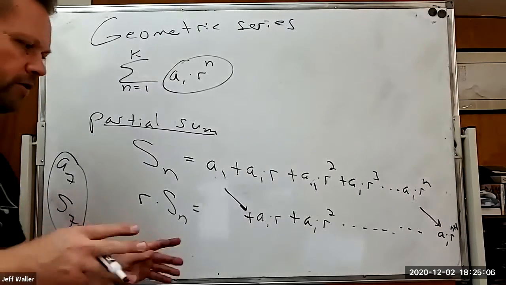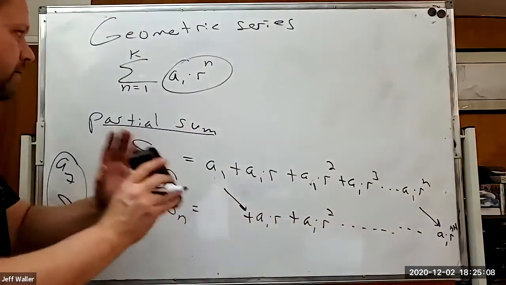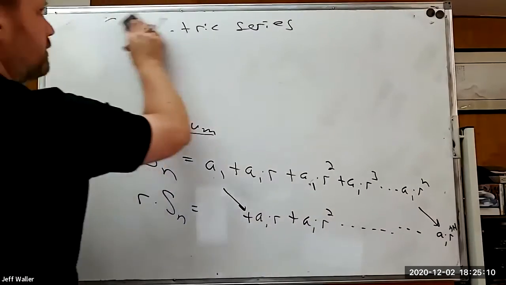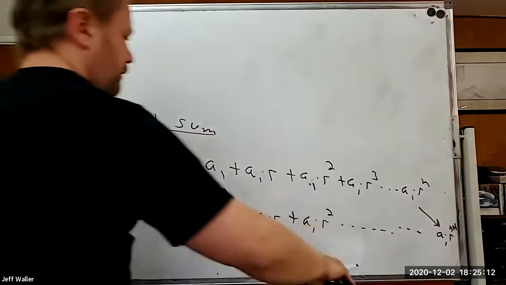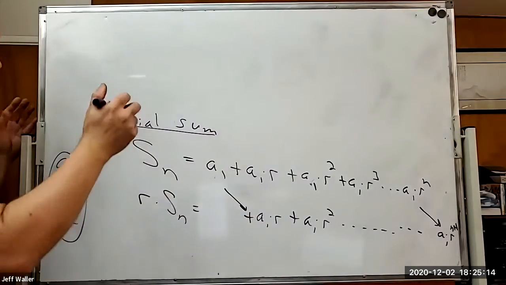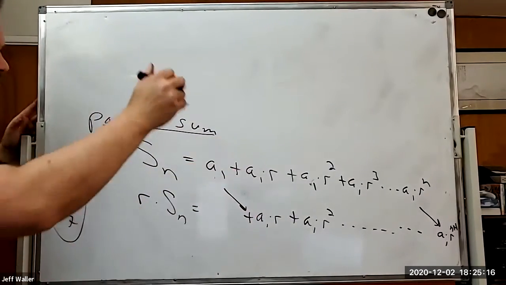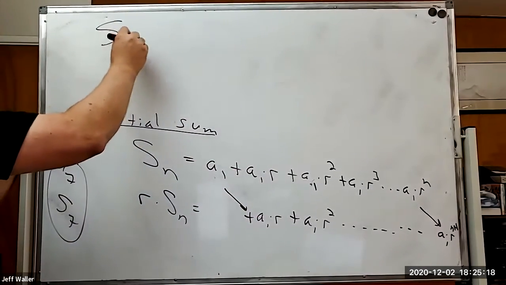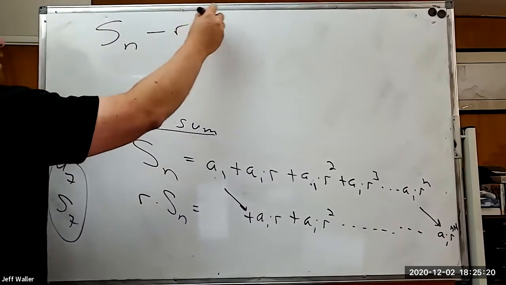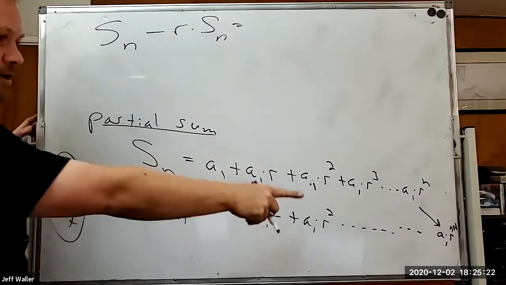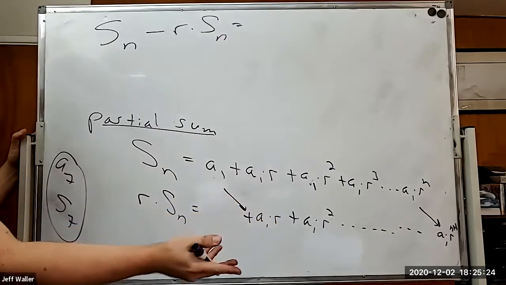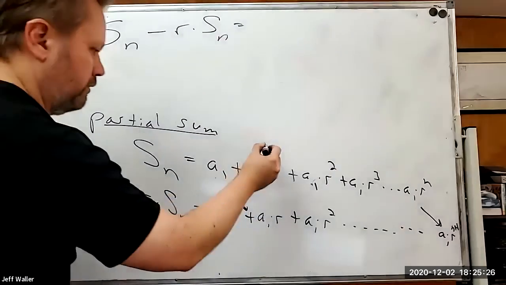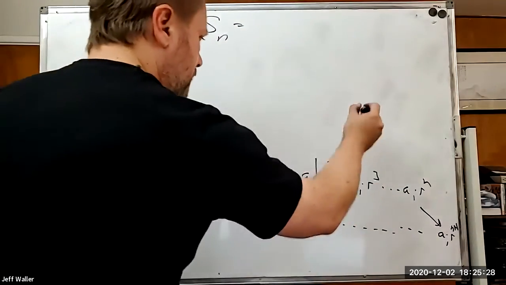All right, this is really, really freaky. And to be honest, I'm so happy I remembered how this works because I did not look at this beforehand. I didn't think I'd be doing this, but I figured, why not? Now watch what I'm going to do. What if I take Sn and I subtract R times Sn? Some of you might have known I was going to do that. This cancels. This cancels. You cancel.